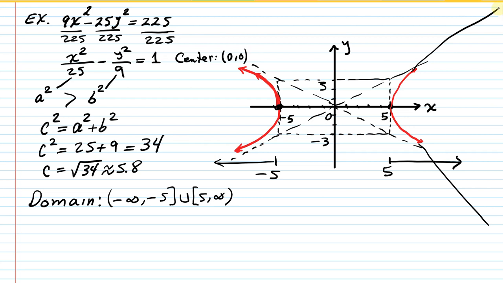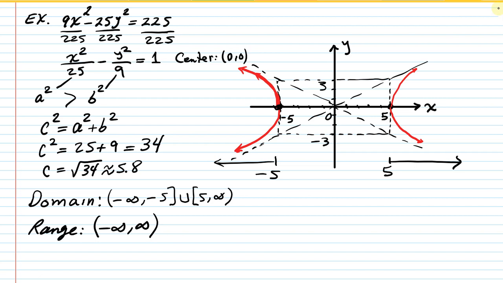The range could be anything. See, those branches can go down to negative infinity and up to infinity forever. So we're going to say that the range is going to be from negative infinity to infinity. All right. The circle and ellipse are the ones that are range bound because they're closed figures.